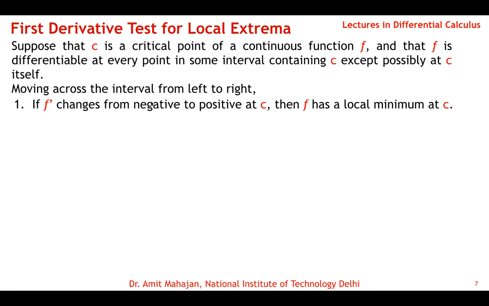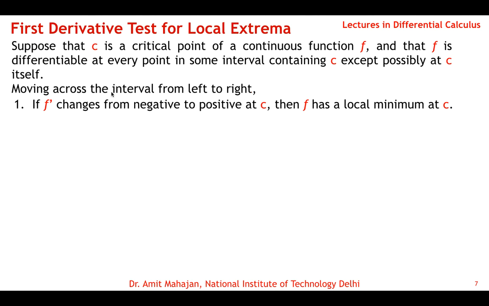We just said that when the derivative is negative, the function is decreasing in the interval, and if the derivative is positive, then the function is increasing in that interval.